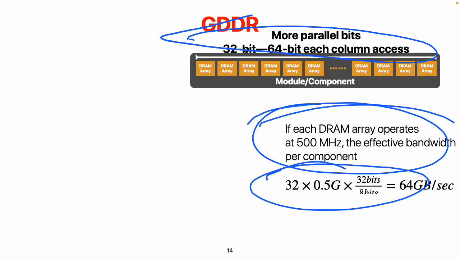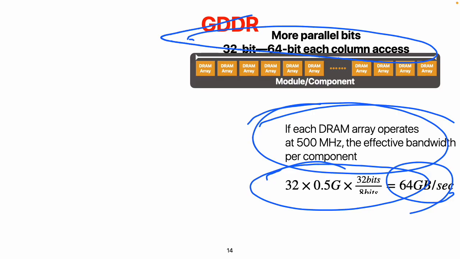So previously on CPU, you have a pretty high frequency memory controller and you cannot even achieve this bandwidth. But with GPU, as long as I have more parallel bits that are reading together, I'm able to achieve this high bandwidth with just one single module, right?